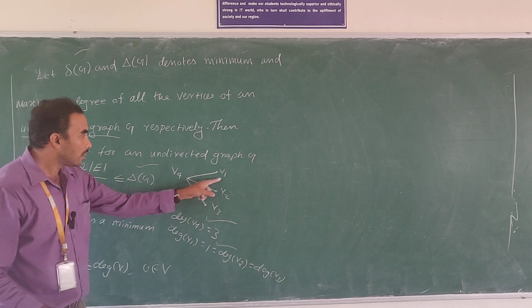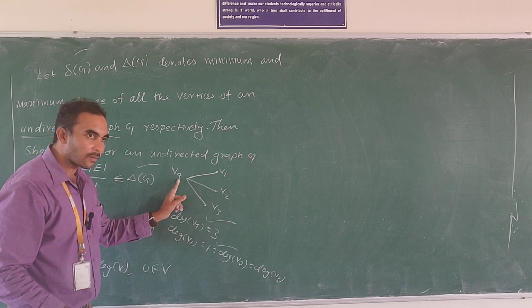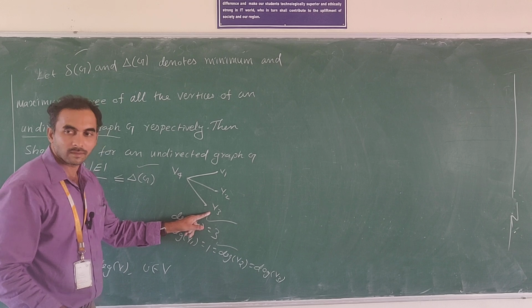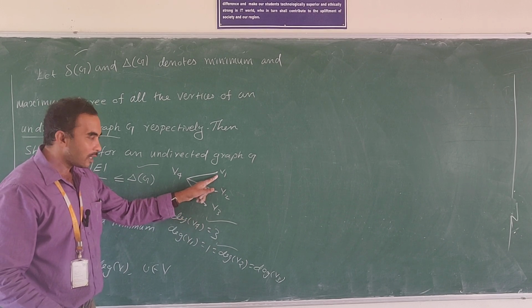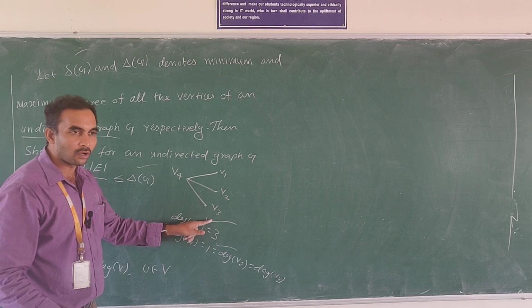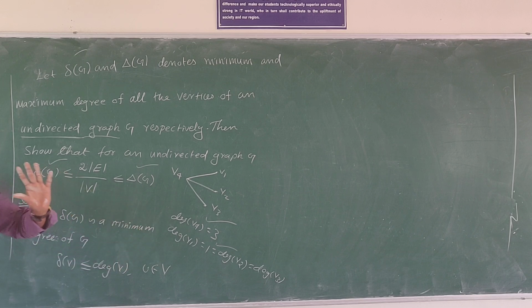For example, degree of V1 is 1, which is less than V4, or equal to V2, or equal to V3. That is called less than or equal to.